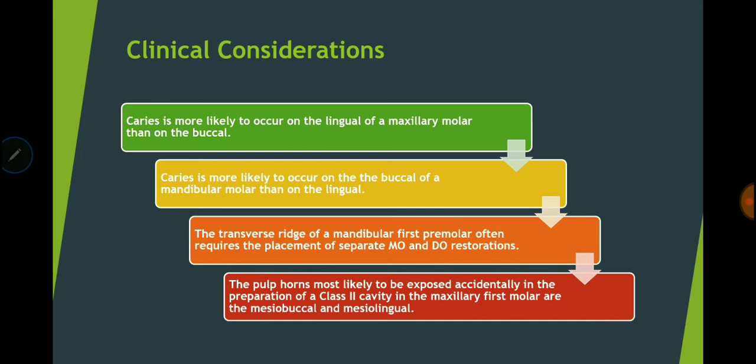The pulp horns most likely to be exposed accidentally in the preparation of a class 2 cavity are in the maxillary first molar, the mesiobuccal and the mesiolingual. Those are more likely to be accidentally exposed when you're doing a class 2 preparation. That's because you have to have that reverse S curve, right? So if you don't pay attention to where the pulp horns are, then you may actually injure the pulp horns.